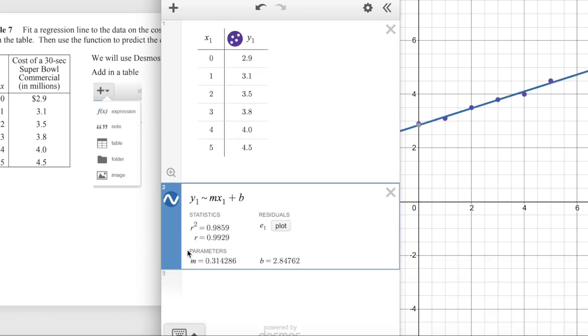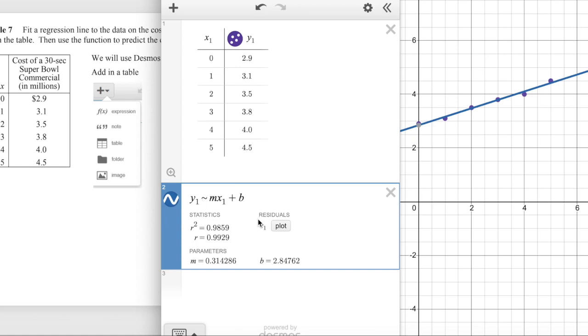What I'm doing is telling Desmos to use the y values in my category up above and use my x values in the category up above. Notice it's x sub 1, x sub 1, y sub 1, y sub 1. So it knows which data to pull from.